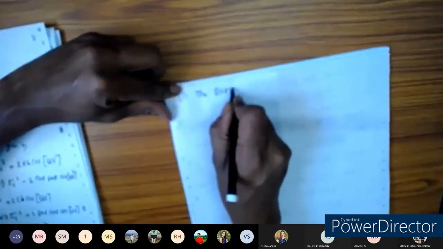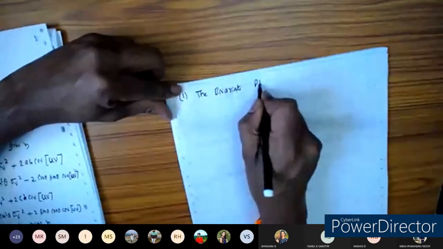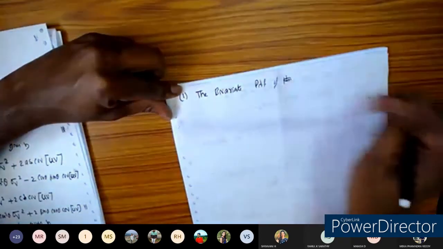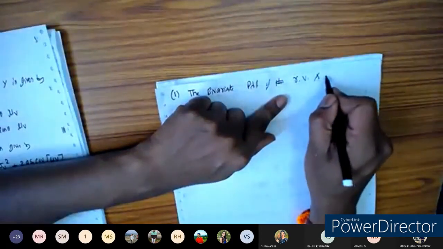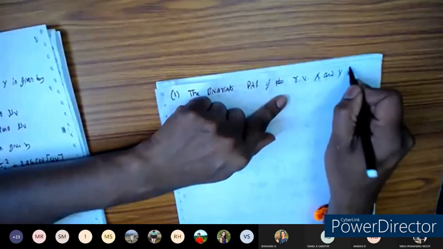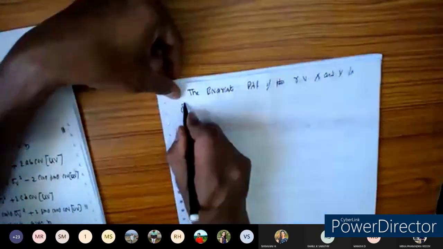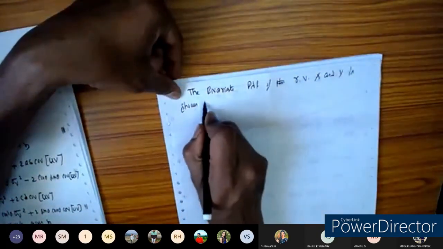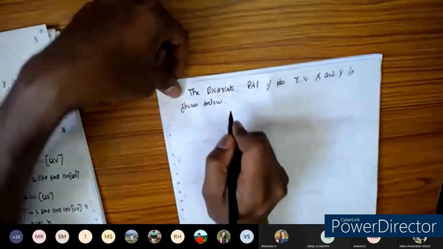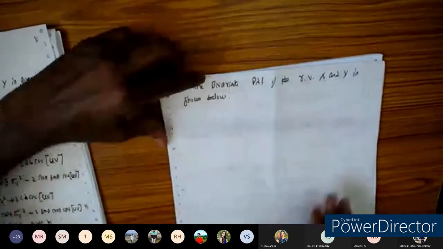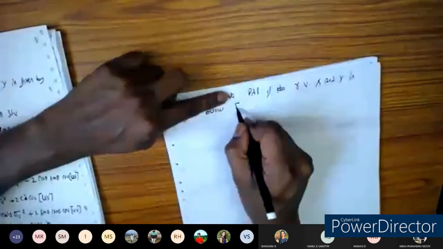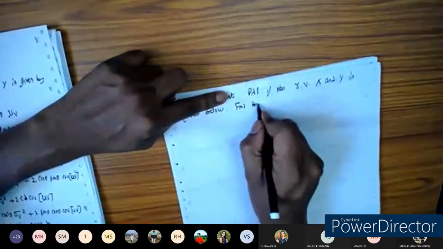The bivariate PDF of the random variables x and y is shown below. Find the following.